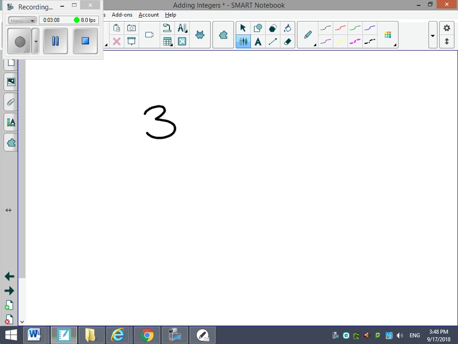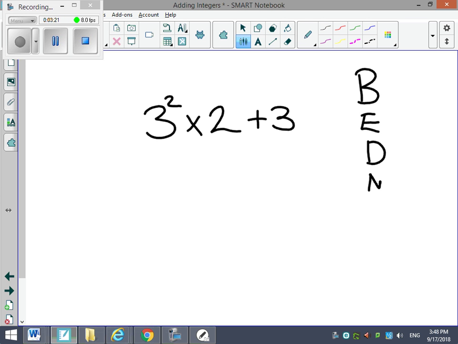So if we have something along the lines of this, there we go. And remembering that our order of operations is BEDMAS, where B is brackets, E is exponent, then division, multiplication, addition, and subtraction.